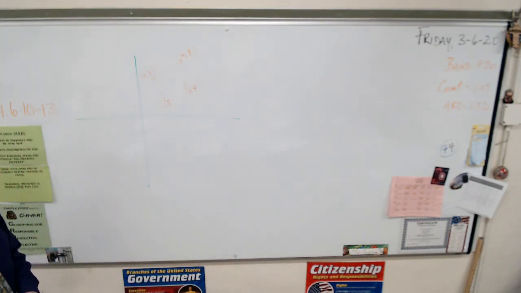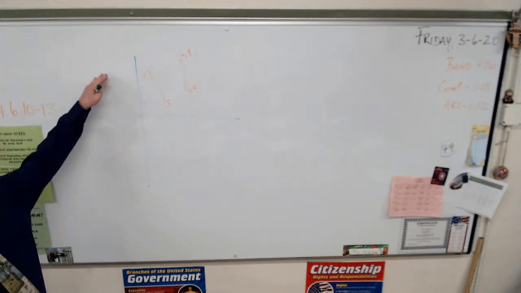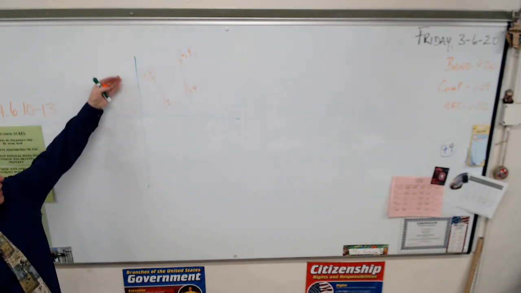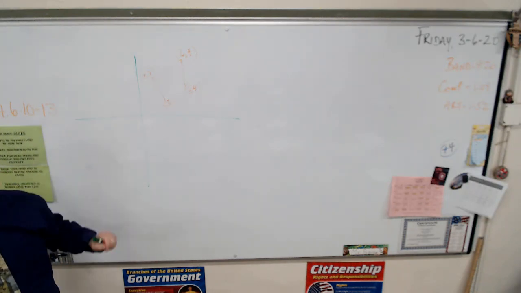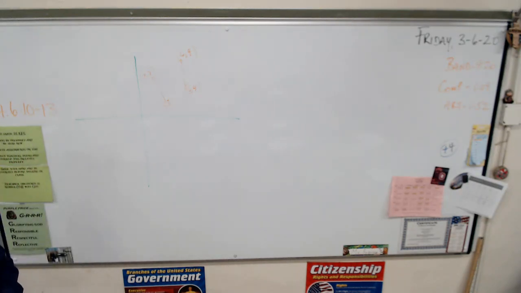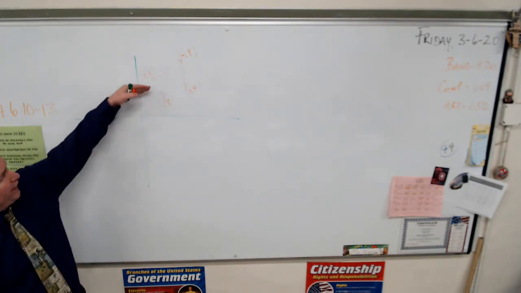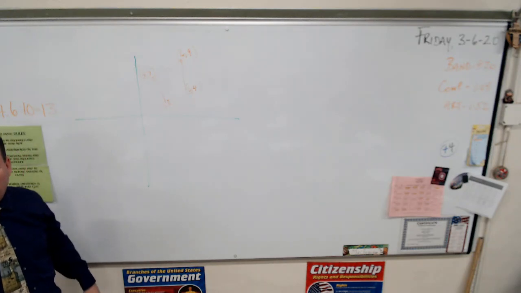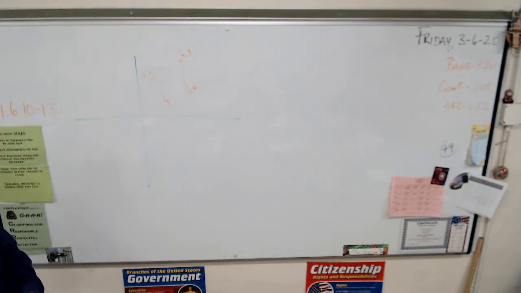When you get to number 9, what's the simple rule to reflect something over the x-axis? Over the y-axis, we multiplied the x-coordinate by -1. If we want to reflect this over the x-axis, we multiply the y-coordinate by -1. So all the x-coordinates stay the same.